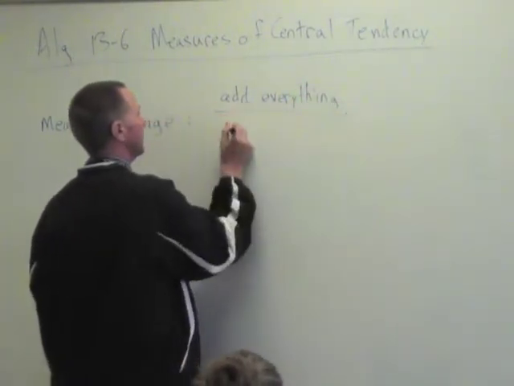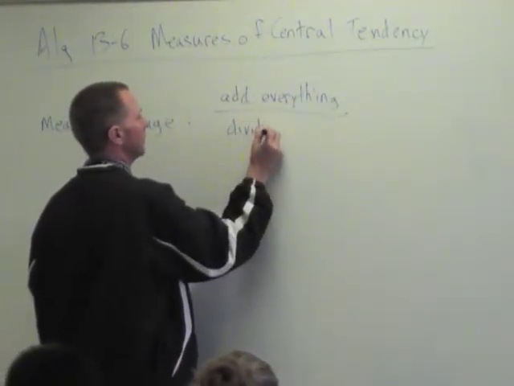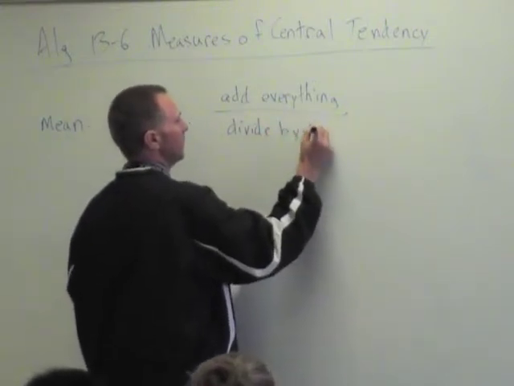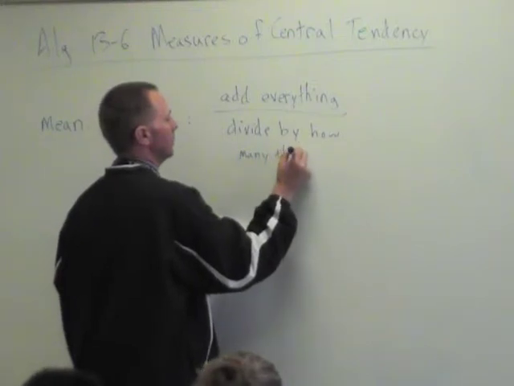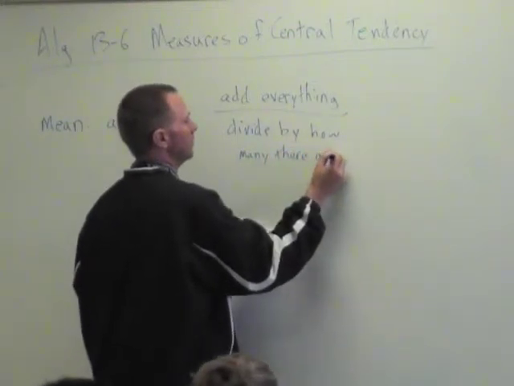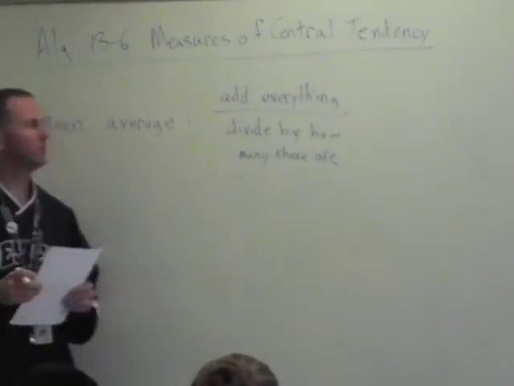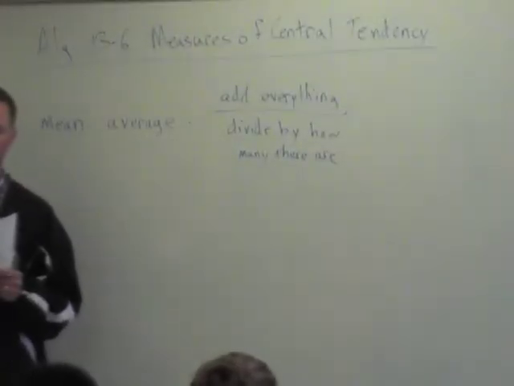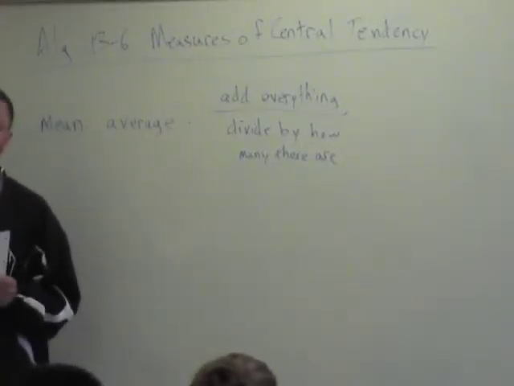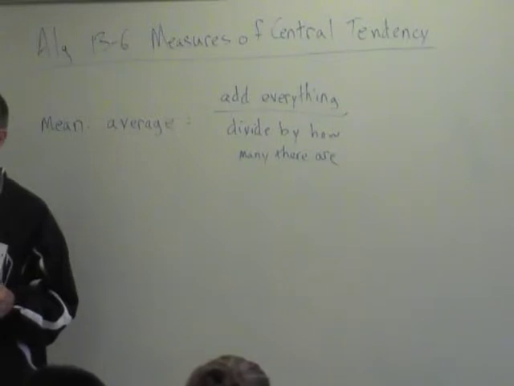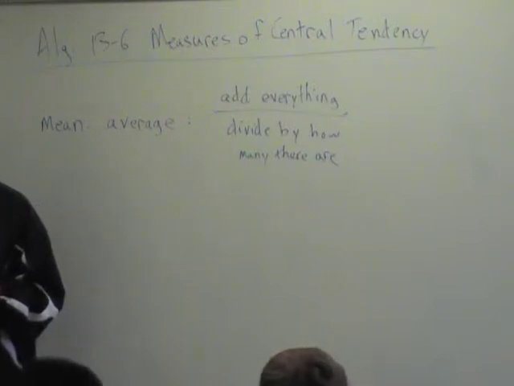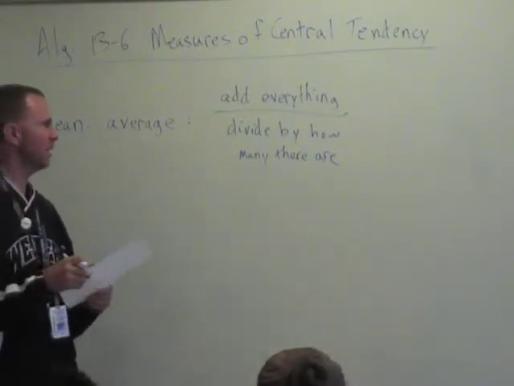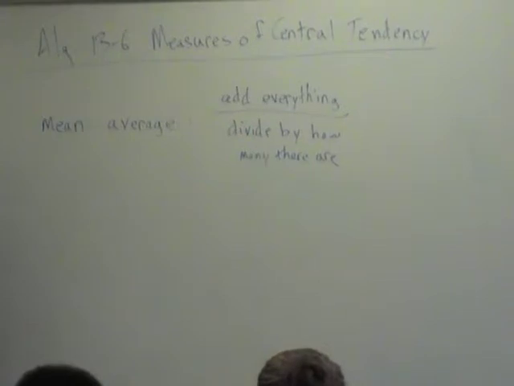Divide by how many there are. The total number of things is what you're dividing by. Okay, everybody, I think, understands average.